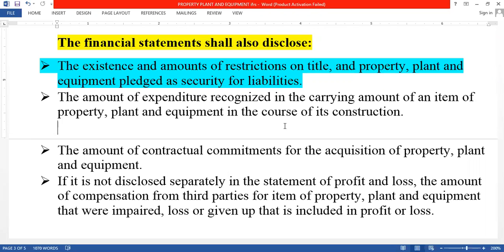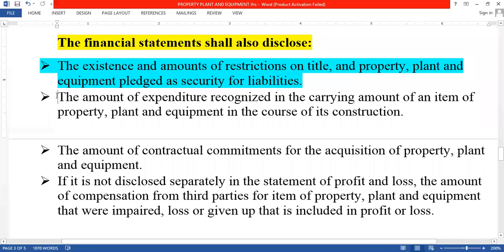We pledge the machinery in the bank and get a loan amount. The security the bank takes for the loan is the machinery. This information we should also disclose in the financial statements. Why? Because it is very, very essential. So what is the pledged amount, and what type of assets are we pledging to get the loan or liabilities?